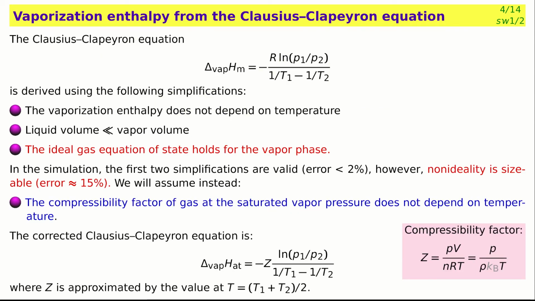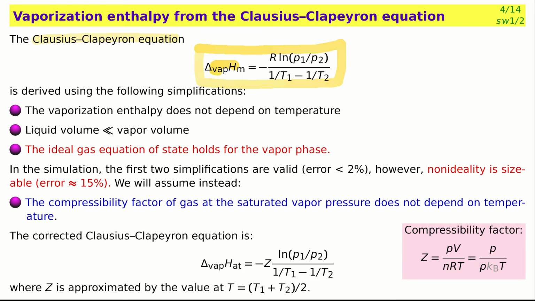You know from lectures on physical chemistry the Clausius-Clapeyron equation. This is the integrated form, and to derive this we needed several simplifications of the original Clapeyron equation.